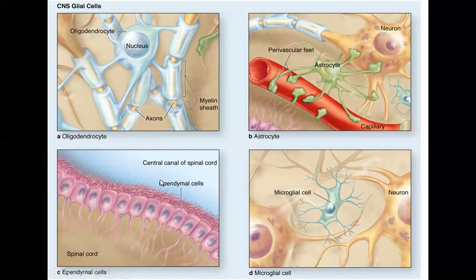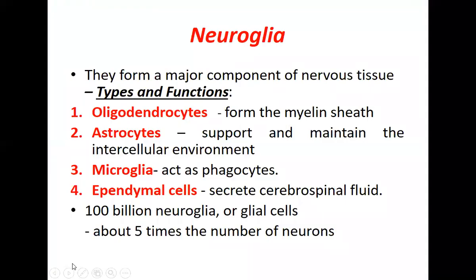And the fourth type of cell is the ependymal cell. What is its function? They secrete the CSF into the central canal of the spinal cord. So here is the CSF secreted by the ependymal cells. These are some of the supporting cells, the neuroglial cells.